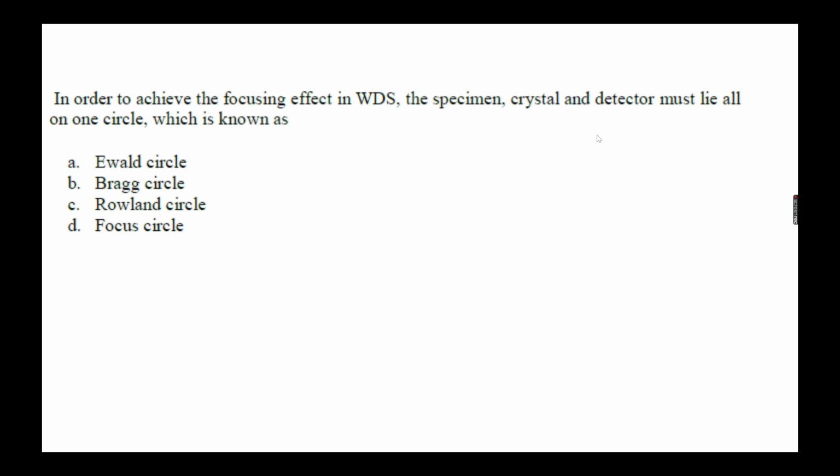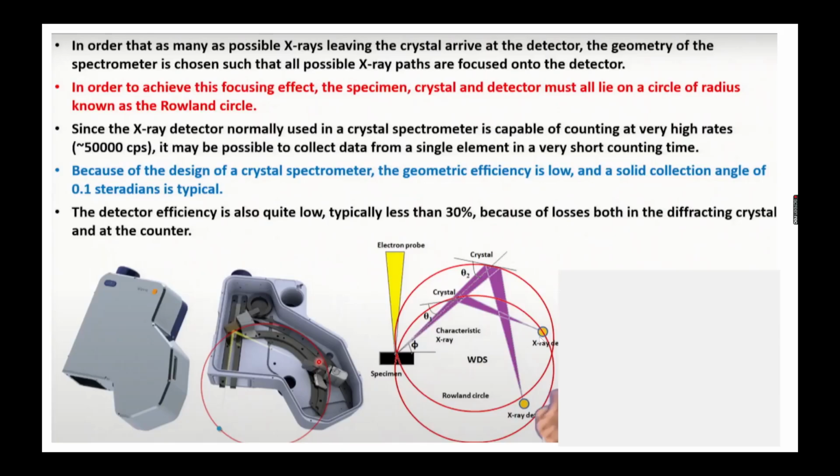The specimen, crystal and detector. So this is your specimen and detector. In order to achieve this focusing effect, specimen, crystal and detector must lie on a circle of radius known as the Rowland circle.